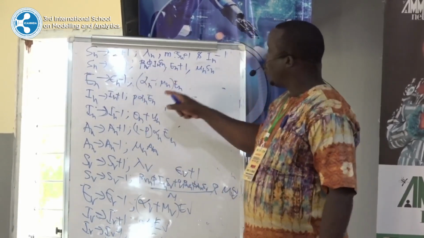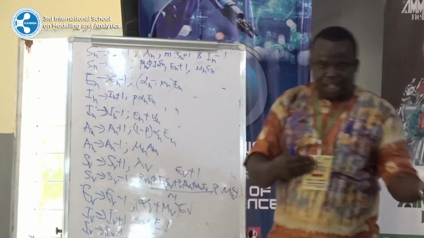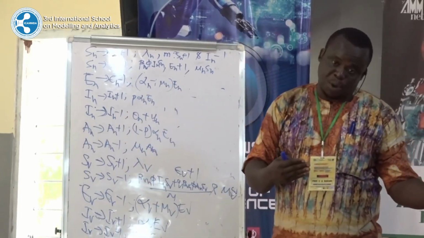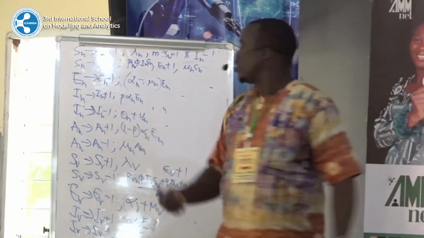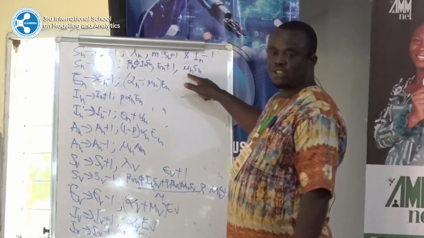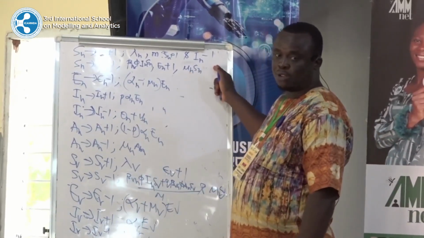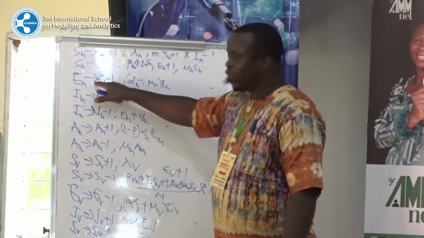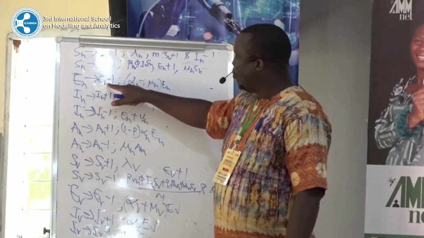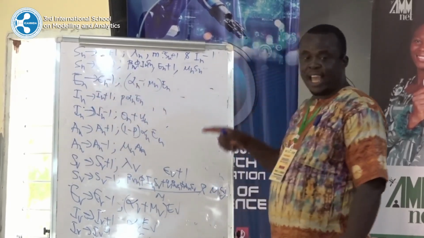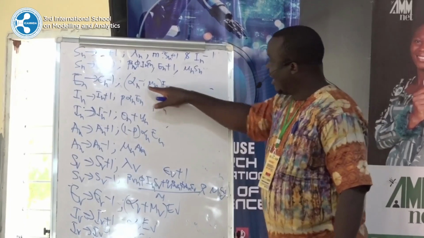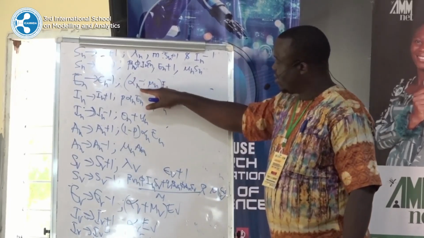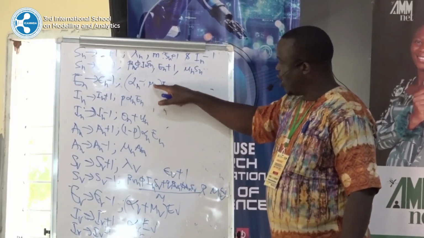So for susceptible it is minus, for exposed it is plus. And then the mu H is also there. So people go out of that class and then they come in. And then this other one, you have EH. People are going out of the exposed or the pre-infectious class at this rate, alpha H plus mu H.